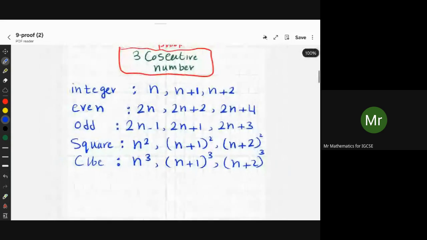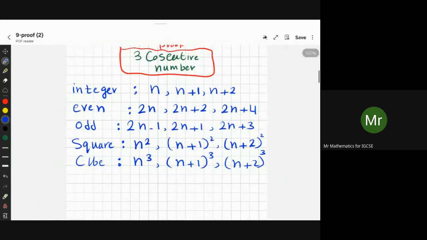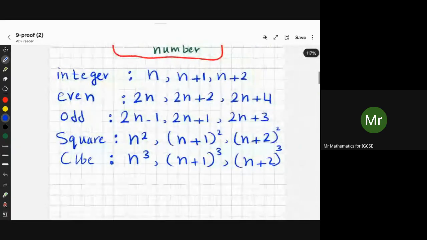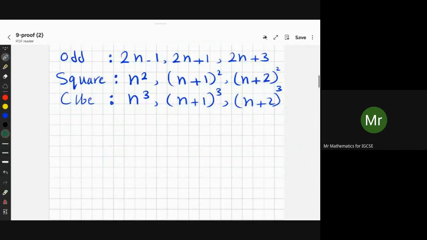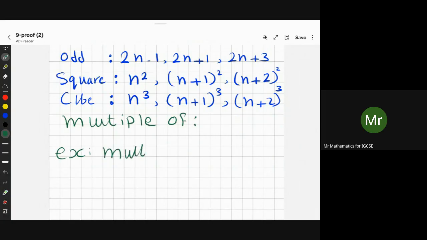So here are the types of numbers maybe he asked about: integers, even, odd, squared, cube. Maybe he says a multiple of something, like a multiple of 3.